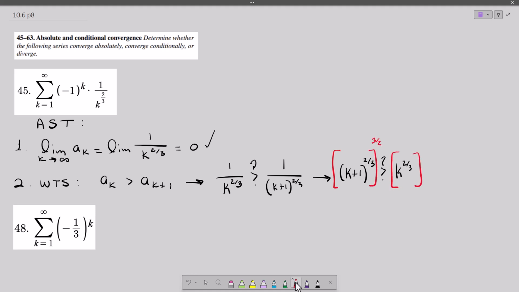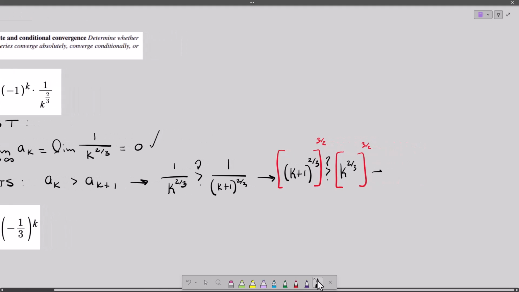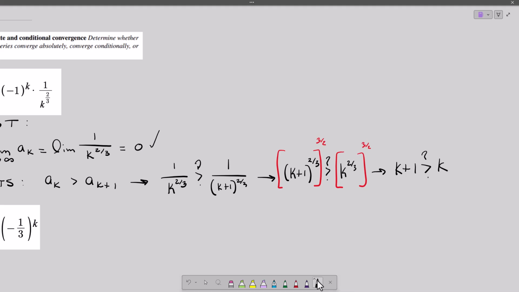And if you wanted to break it into two pieces, you could say, let's cube both sides to get rid of the denominator in the exponents, but then let's square root both sides to get rid of the 2. And so that's going to lead us to exactly what we want. We're going to get k plus 1 is greater than k. At that point, you could make your conclusion. You can always go down one more step, so therefore true.